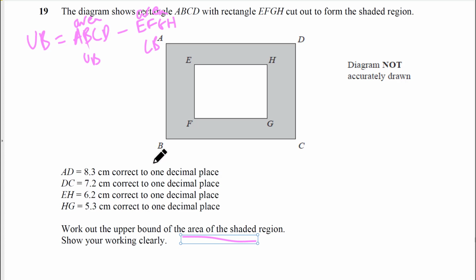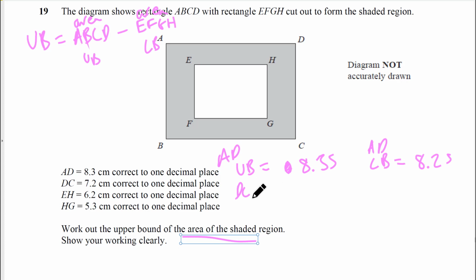So upper bound of AD is going to be 8.35, and AD, well, we don't need AD lower bound, but I was going to write it out for practice, and good form, 8.25.